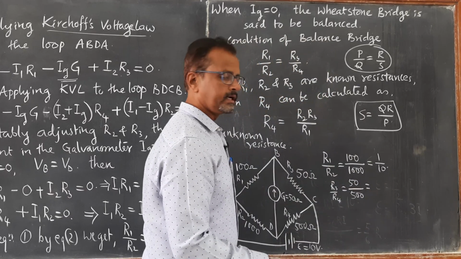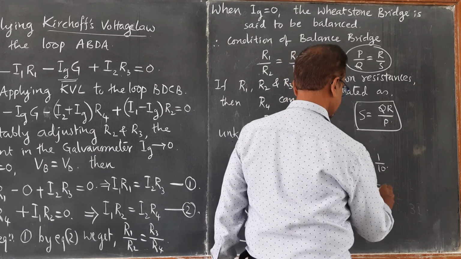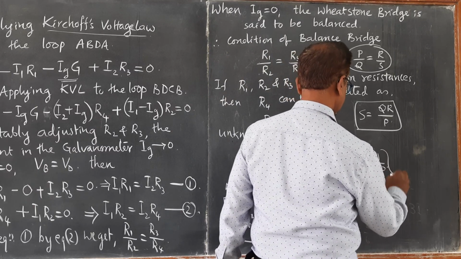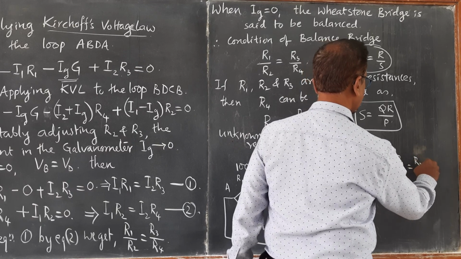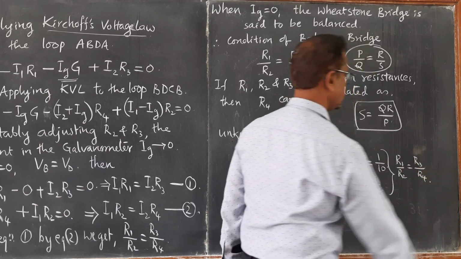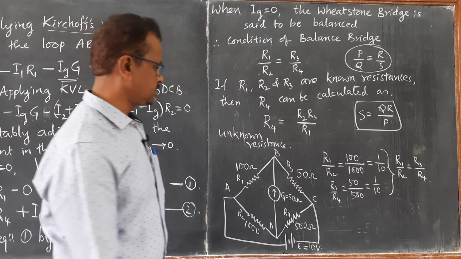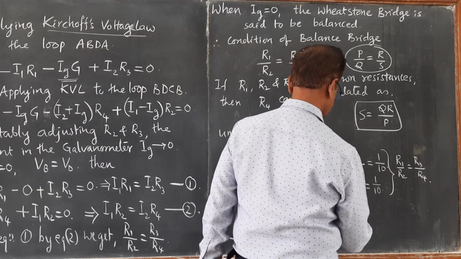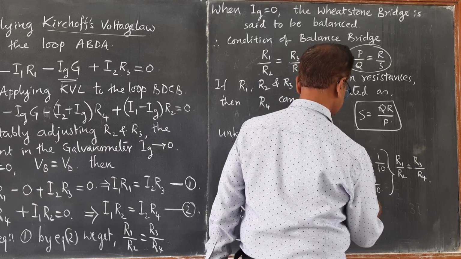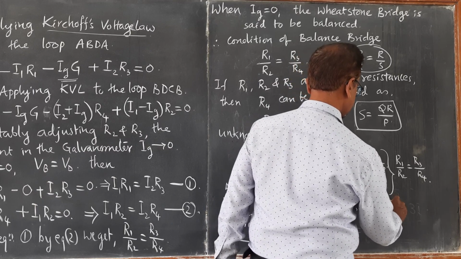So again you are getting 1 by 10. Thus we get R1 by R2 equal to R3 by R4. So the bridge is balanced. Therefore here the bridge is balanced.